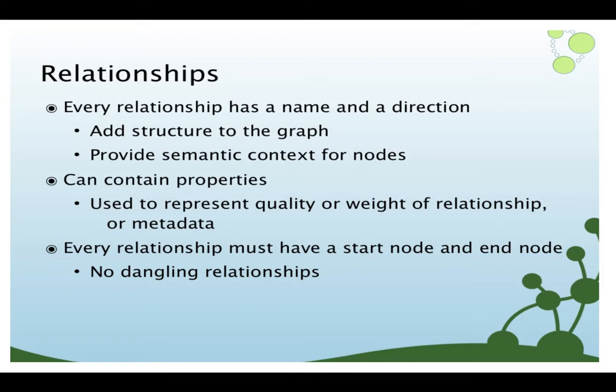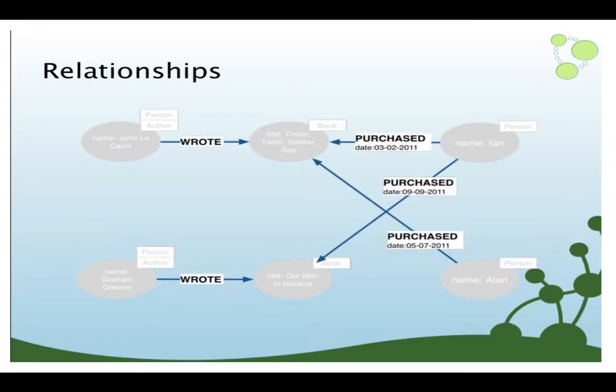Every relationship must have a start node and end node. So on this diagram you can see there is a relationship between two nodes. Like wrote is a relationship, purchased is a relationship, and purchased you can see it also has properties or metadata in the form of key value.